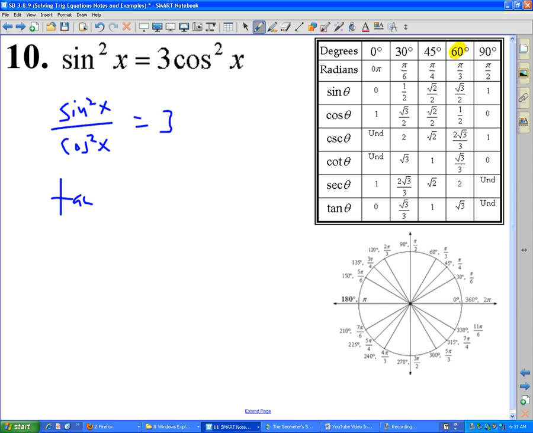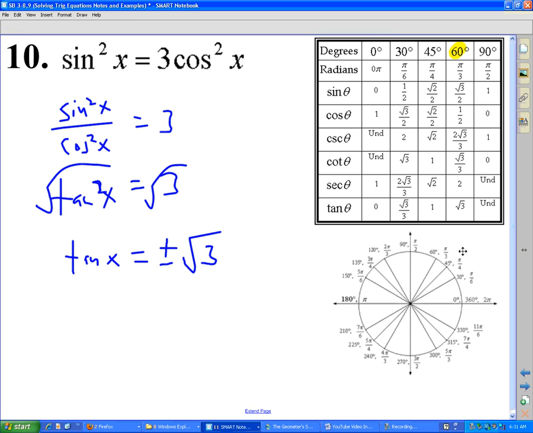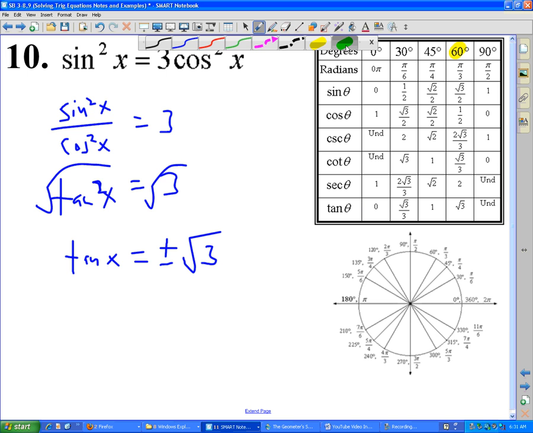Sine squared over cosine squared is tangent squared, and then I take the square root of each side, and it's plus or minus root 3. And so we go right back to the table. Tangent is root 3. We still get the 60 degree reference angles, and it's plus or minus, so we still get all 4 of them. It's a little bit quicker way of doing this problem, but this little trick only works in certain cases. The substitution trick in the long run is going to be much better for you.